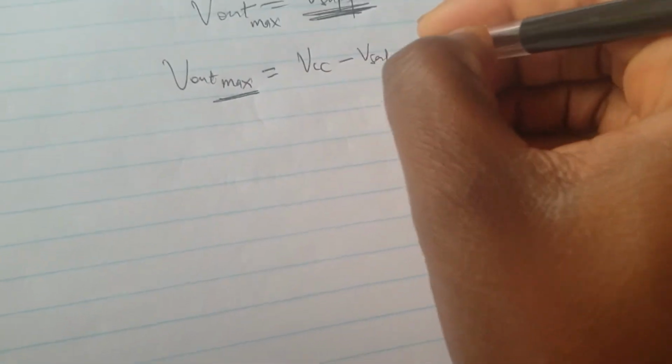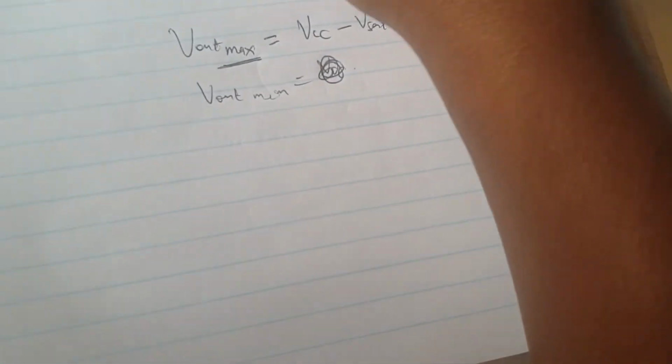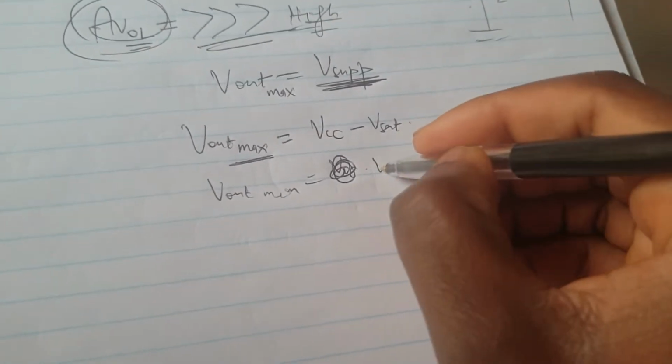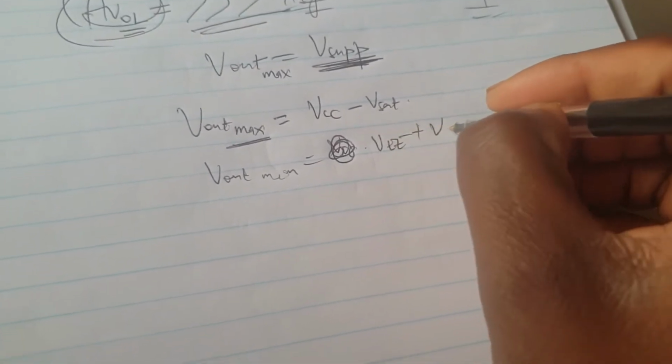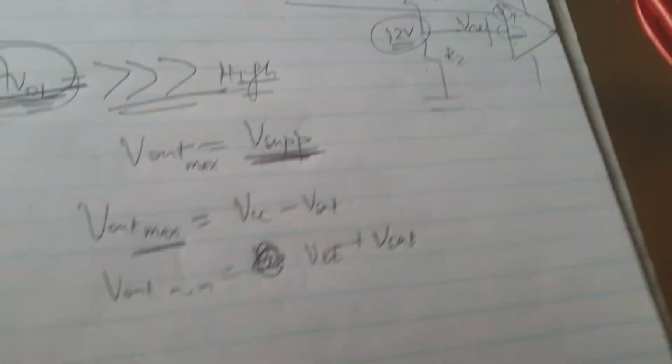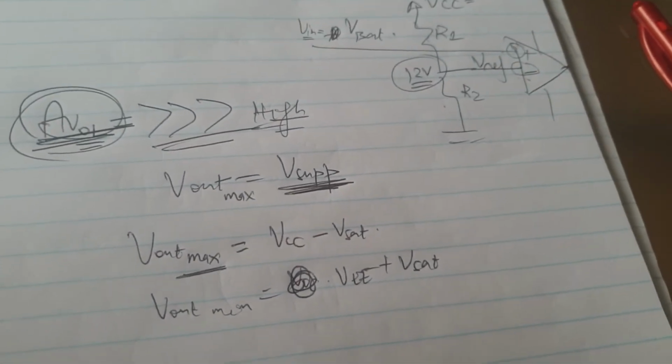The maximum output voltage on the positive side will be VCC minus V saturation, and the minimum value will not necessarily be ground. It could be VEE, which is a negative value. So it will be VEE plus VSAT. Those will be the two limits, because the gain is very high.